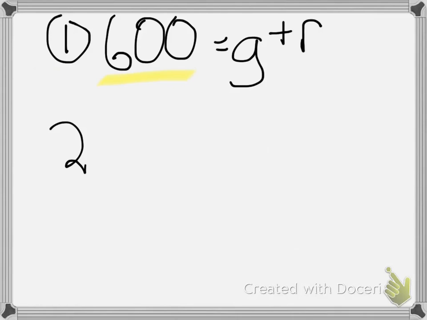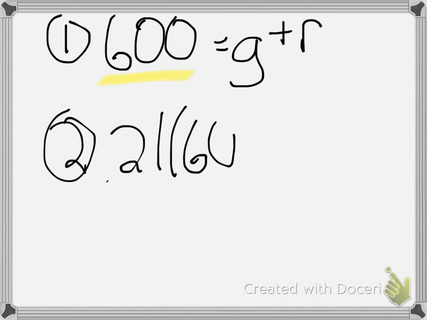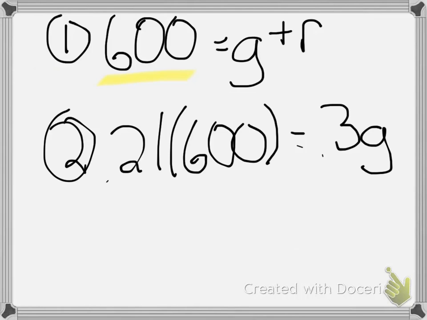And our second formula is going to be 0.21 times 600 equals 0.3G, which stands for the granola with 30% nuts, plus 0.15R.